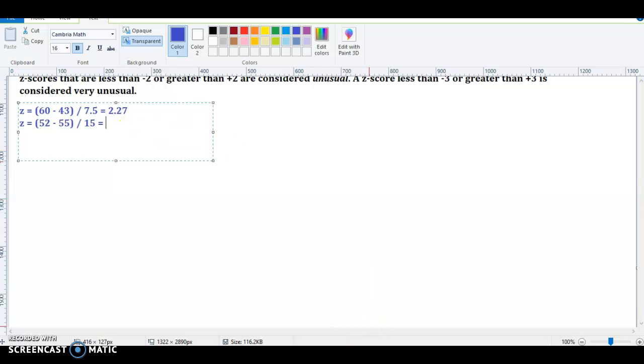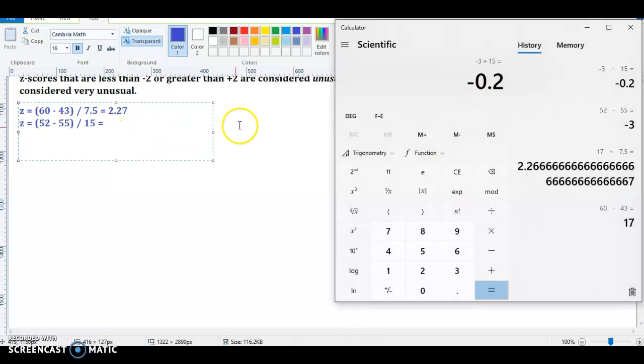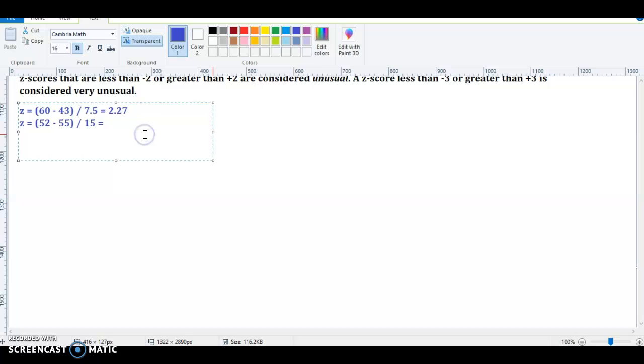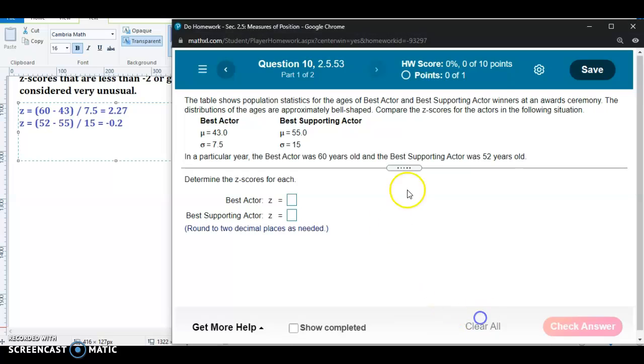There's no need to round this one. It's just negative 0.2, so the exact answer is negative 0.2, and we're not going to round that. So that's the z-score for the person who won Best Supporting Actor. You can see that the age of the Best Supporting Actor, 52, was slightly less than the mean of 55, so the z-score is negative.